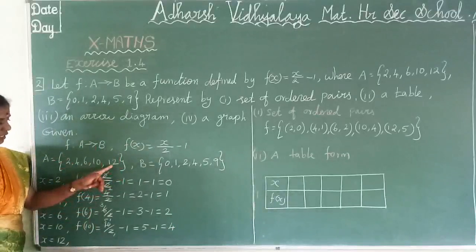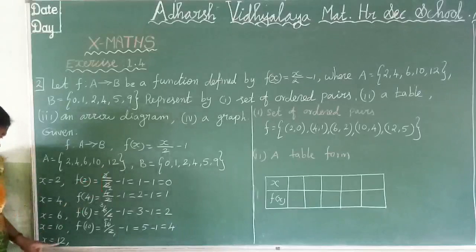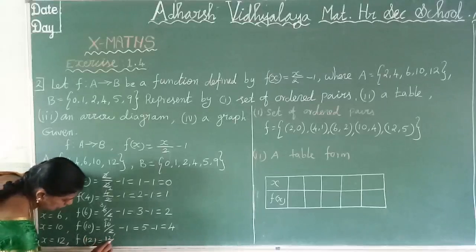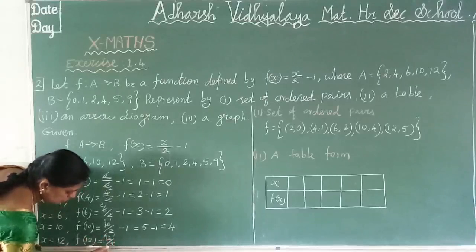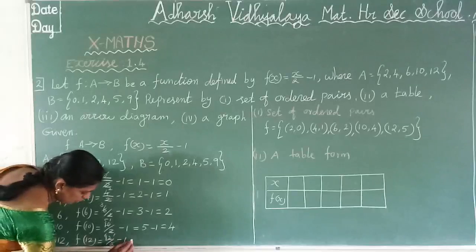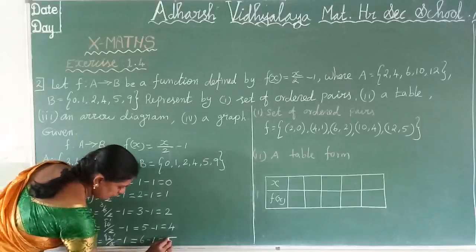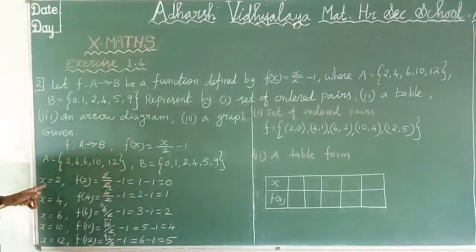Next, at last, x = 12. f(12) = 12/2 - 1. 6 twos are 12, so 6 - 1. Answer 5.